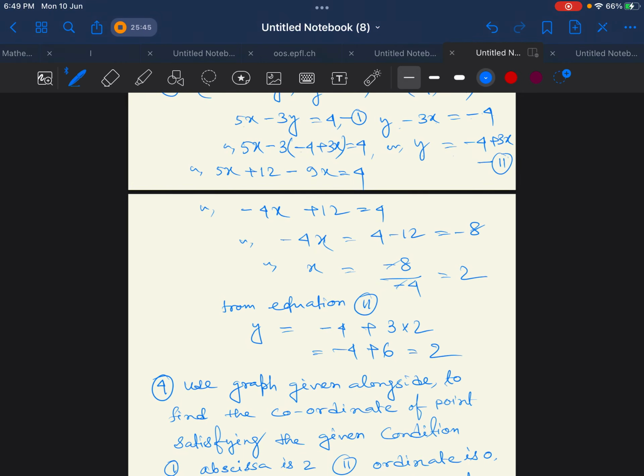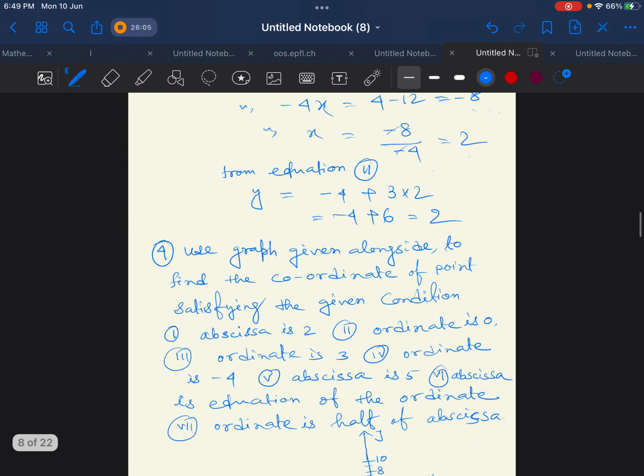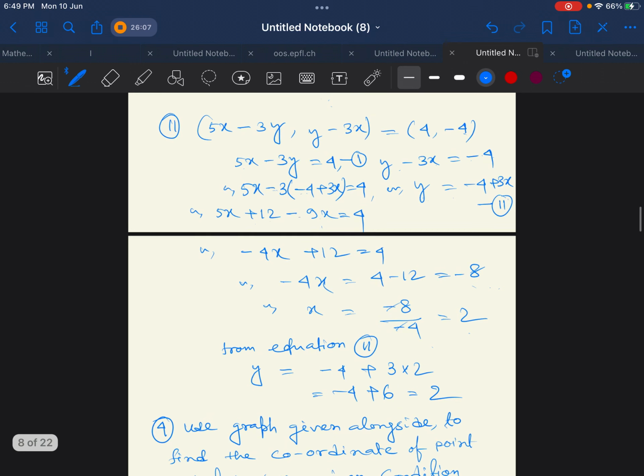So we get 5x minus 3 into the bracket minus 4 plus 3x equals 4. 5x plus 12 minus 9x is equal to 4. So we get minus 4x equals 4 minus 12, minus 8, x equals minus 8 by minus 4, we get 2.